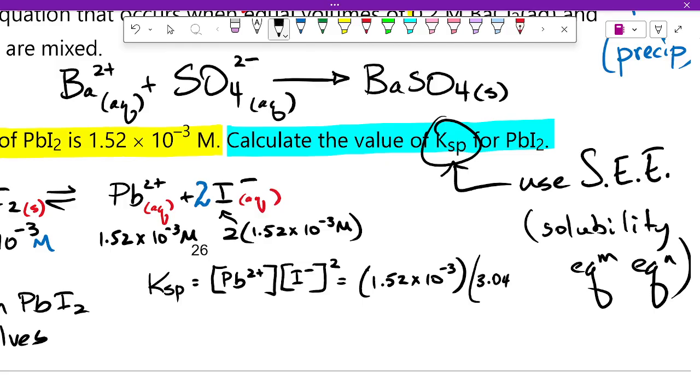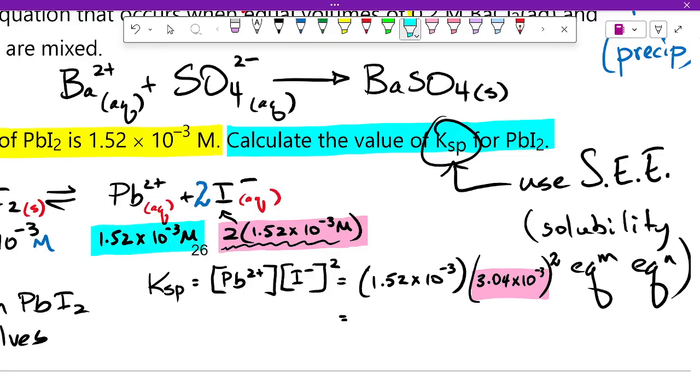And we just make it to power of 3 though. All three of them are the same. They're not the same though, because this is 2 times. So we multiply it by 2. Okay, so we have that 2 times. So that's the 3.04 times 10 to the minus 3. We have our 1.52 times 10 to the minus 3.